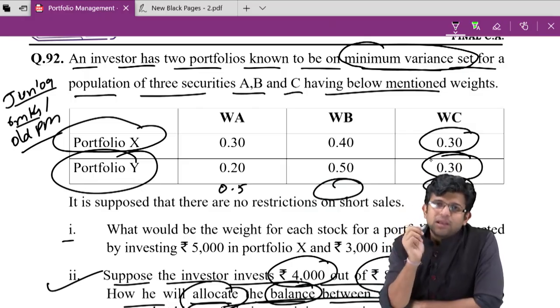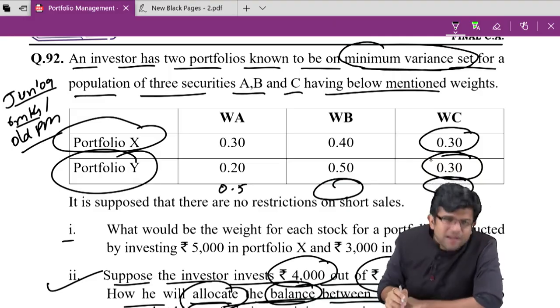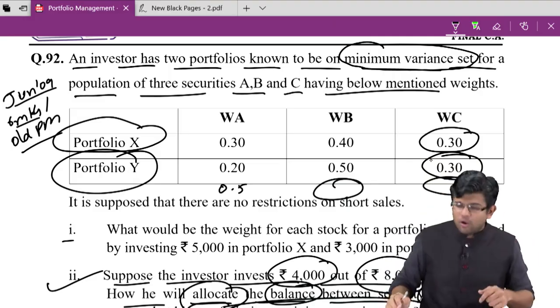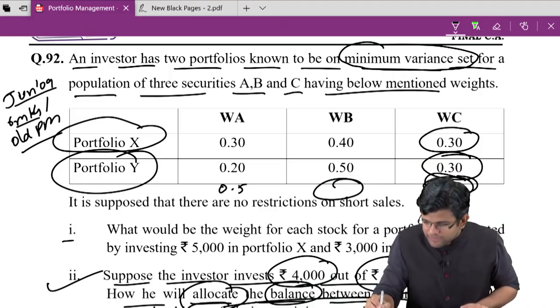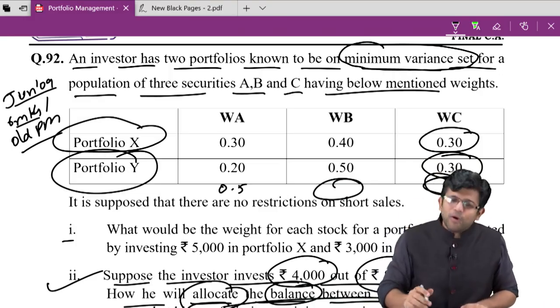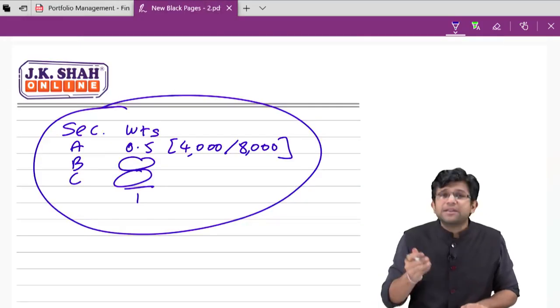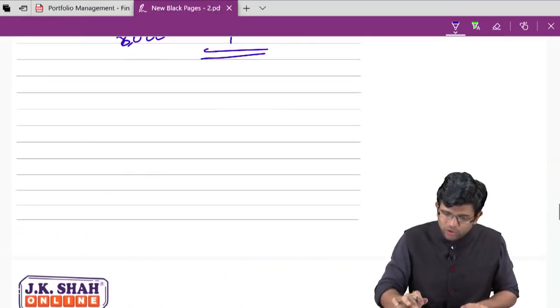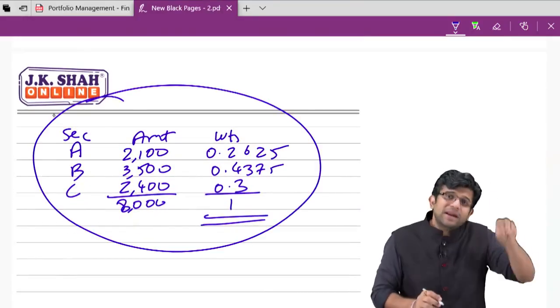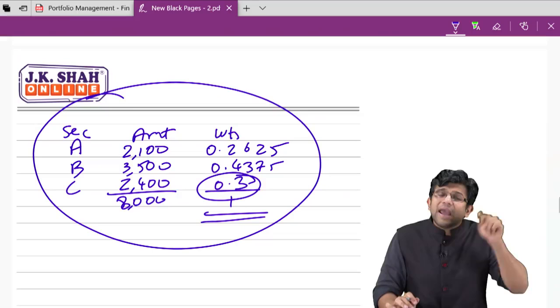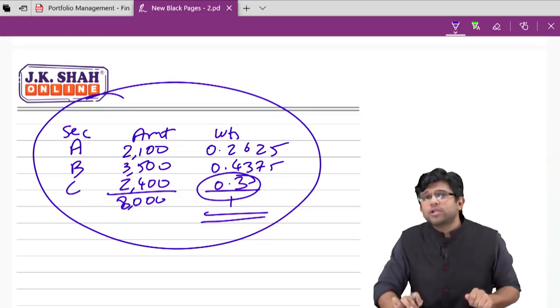Therefore, students, the simplest of all calculations is that even if I make a new portfolio now, and it has to be on a minimum variance set, the weight of C will continue to remain 0.3. Even when you created the new portfolio in which you invested in portfolio X and portfolio Y, you can see the weight of C continues to remain 0.3.